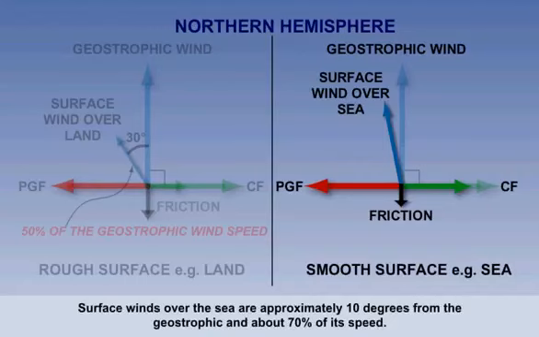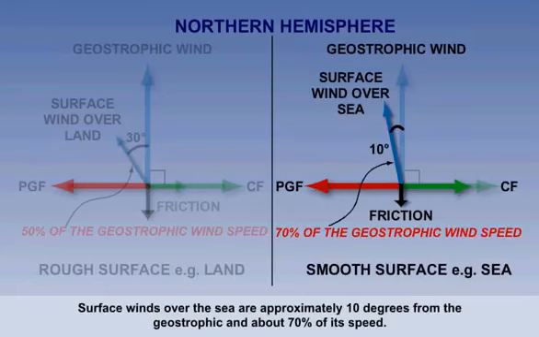The surface wind is a lot closer to geostrophic than over the land. The angular change we see is a lot less than over land, only 10 degrees difference. The surface speed will be higher than over the rough surface. This time, the speed is approximately 70% of the geostrophic, as opposed to 50% over land.